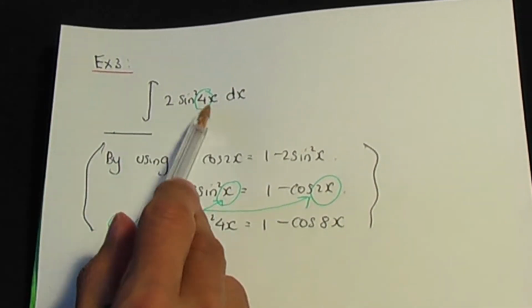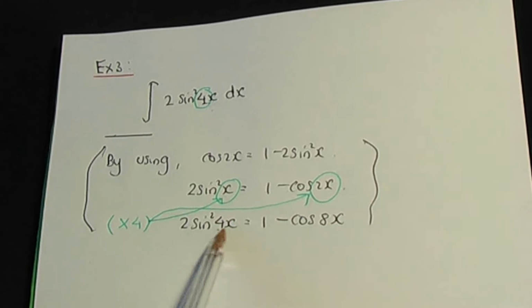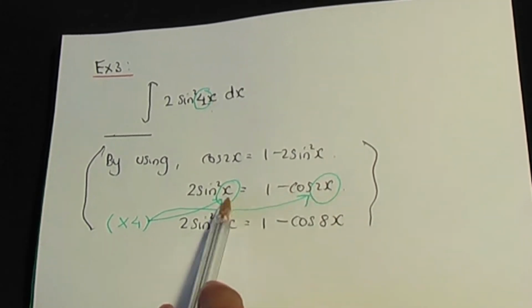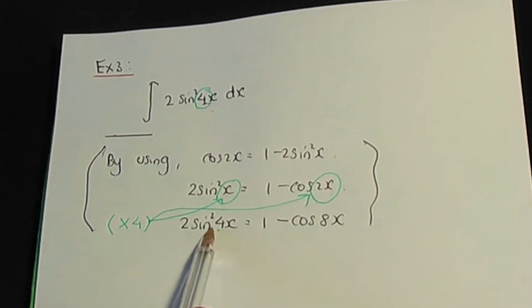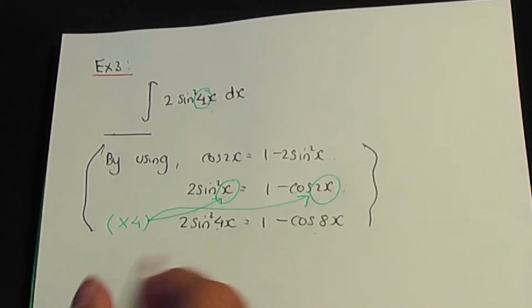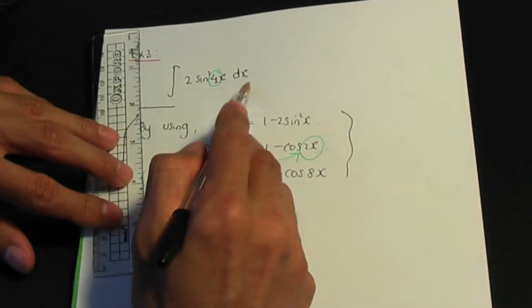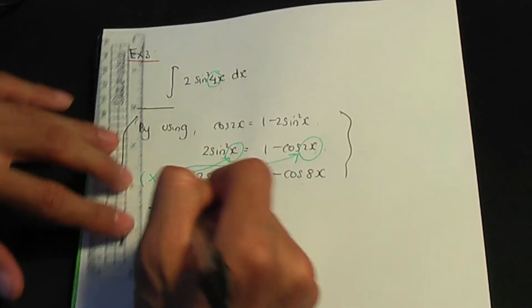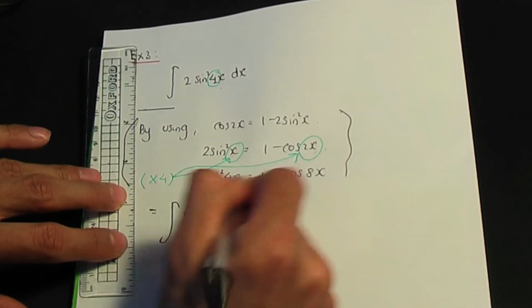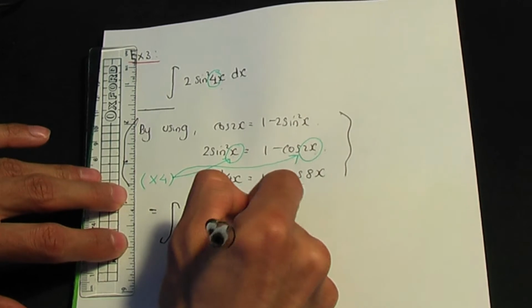Remember, to get the 4x as part of your angle in your identity, just multiply the angles only by 4. As a result, we can rewrite this integral as 1 minus cos 8x.